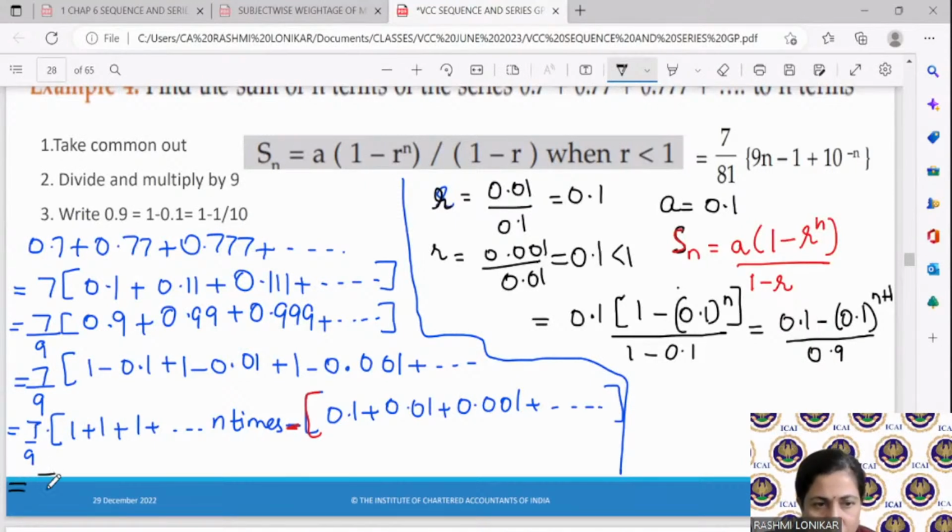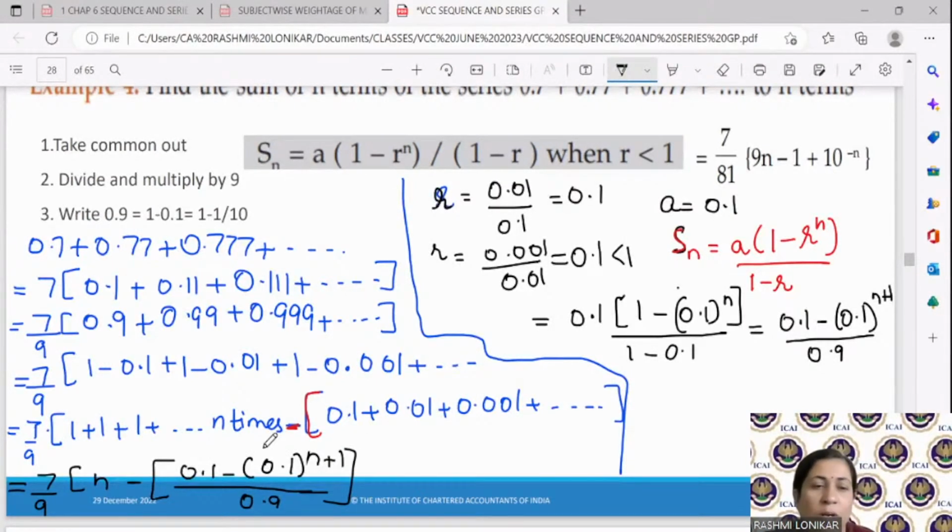So this is equal to 7 upon 9. 1 plus 1 plus 1, n times, is n. Minus, how much is this going to be? This is going to be minus 0.1 minus 0.1 raised to n plus 1 upon 0.9. Okay.